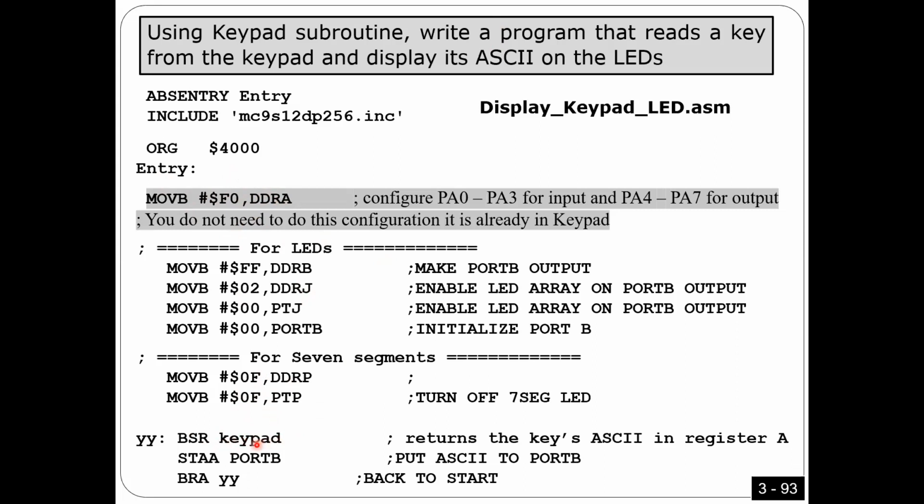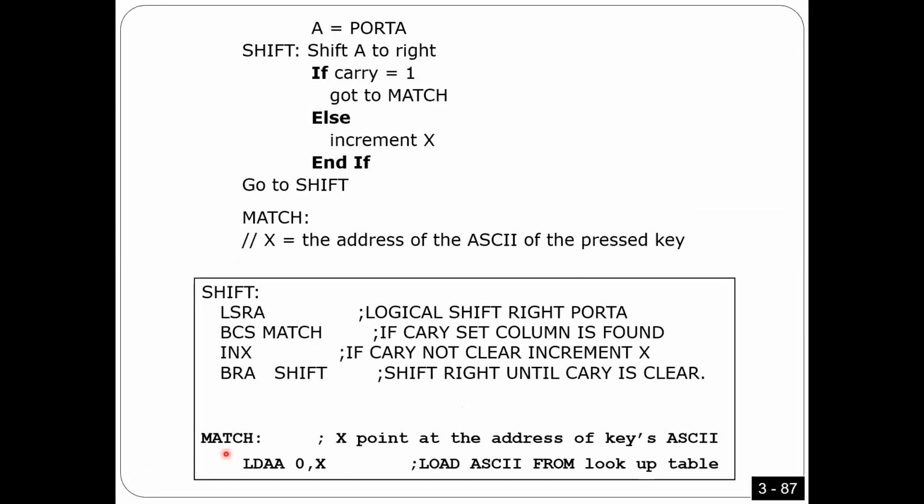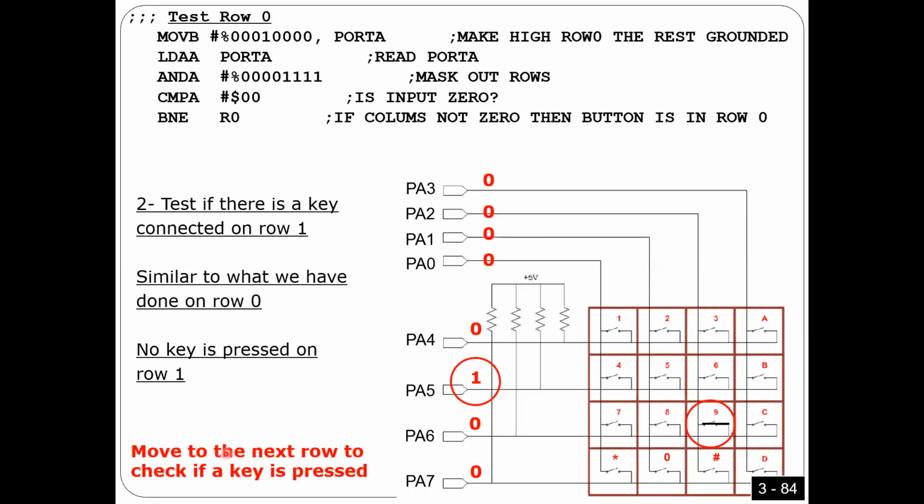After you call the subroutine, keypad is going to wait until you enter a number, until you press a button. Once you press a button, it returns the ASCII code of this number in register A, right? And I told you last time as well, listen to me, guys.